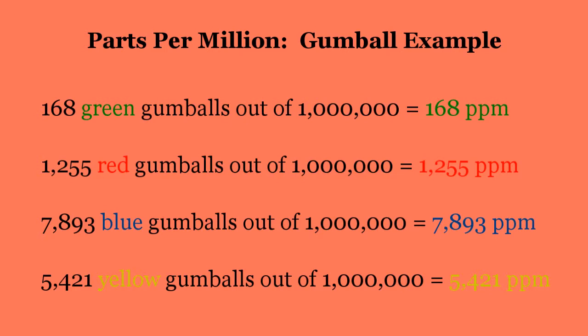And we count the blue gumballs and we count 7,893. That means 7,893 parts per million are blue. Last, we count the yellow gumballs. We count 5,421, which means 5,421 parts per million are yellow.